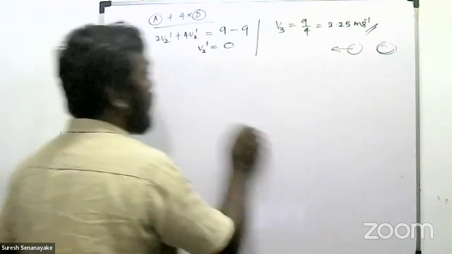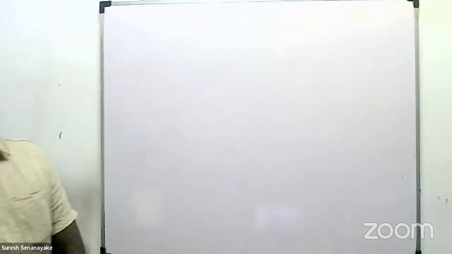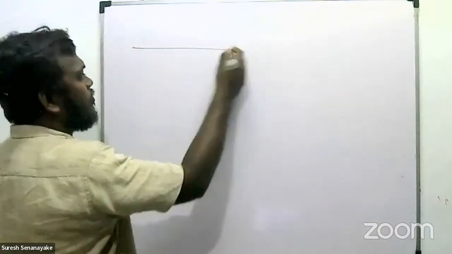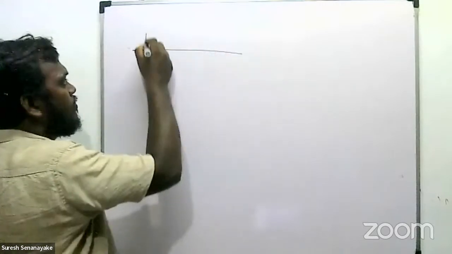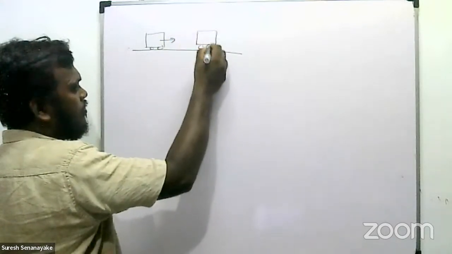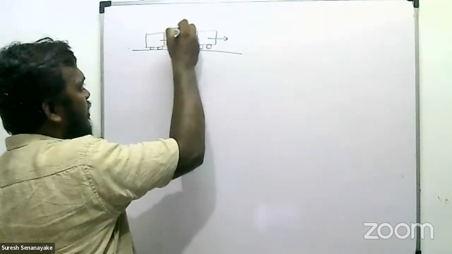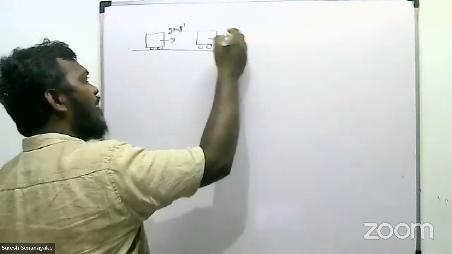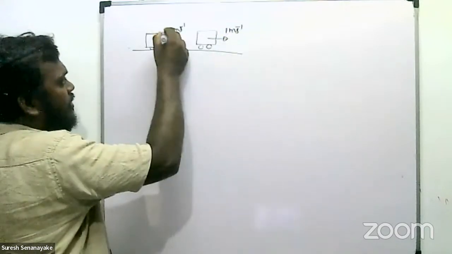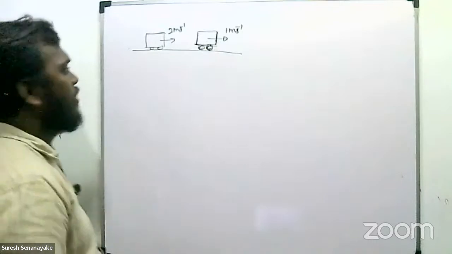Two bodies of masses 1 kilogram and 1.2 kilogram are moving with velocities 2 meters per second and 1 meter per second, respectively, as shown in the figure.